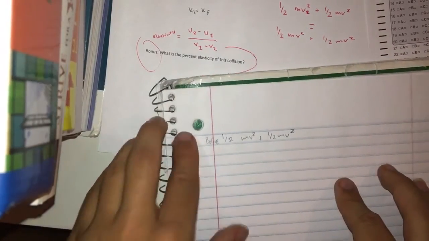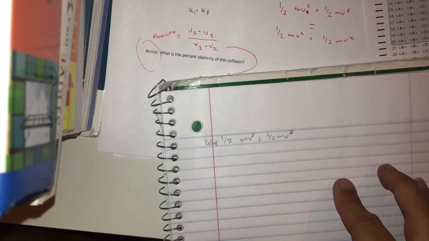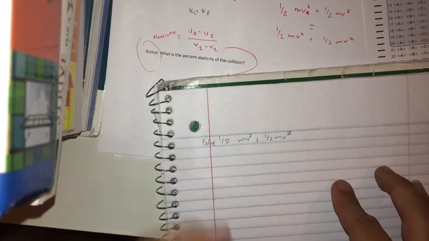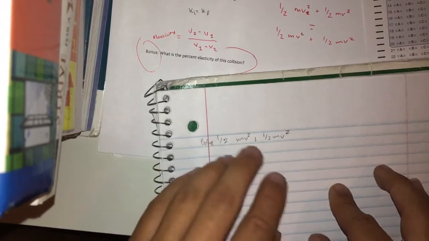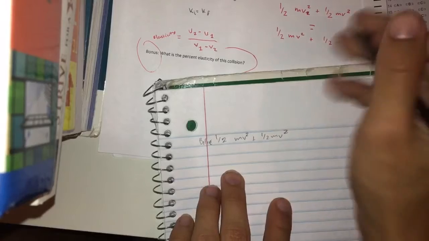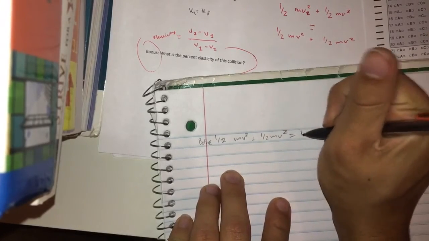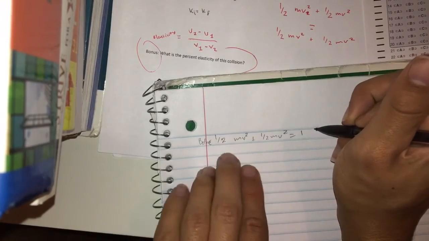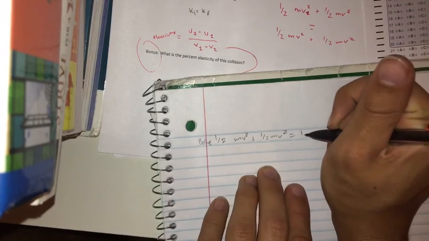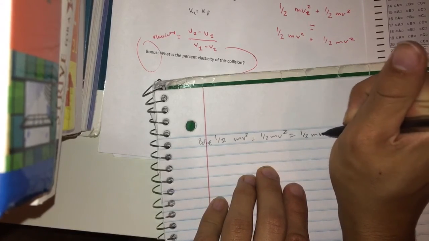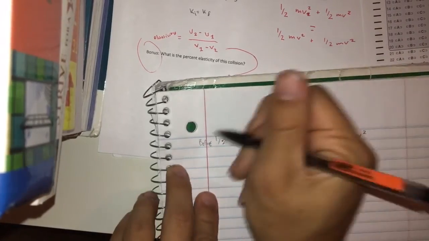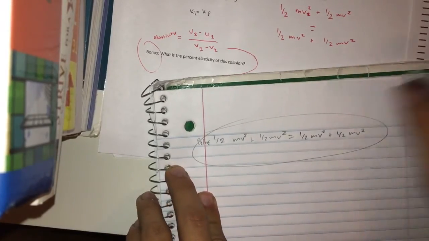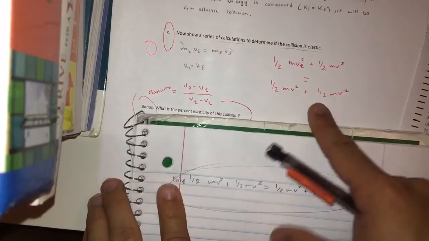So simply, if in an elastic collision kinetic energy is always conserved, what you have before the collision must equal what you have after the collision. So the equation that we have for the first half will simply be repeated once more. And that's our answer for number 1C.